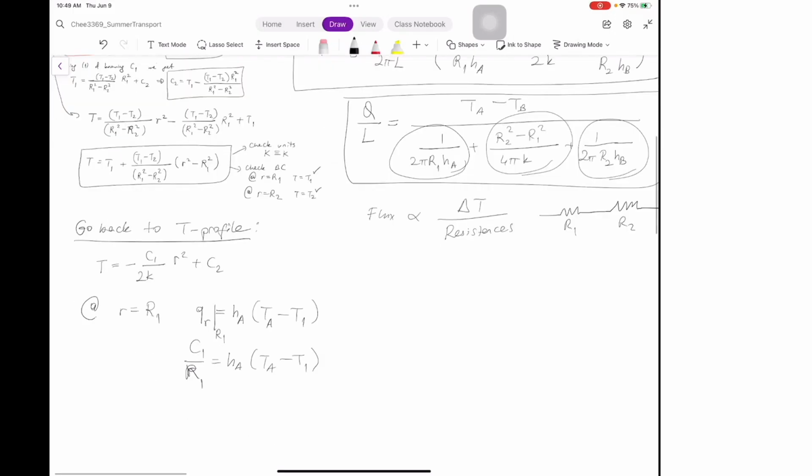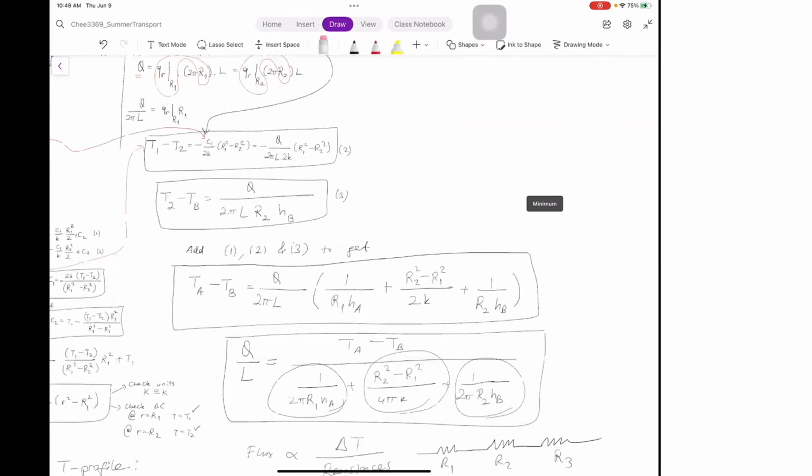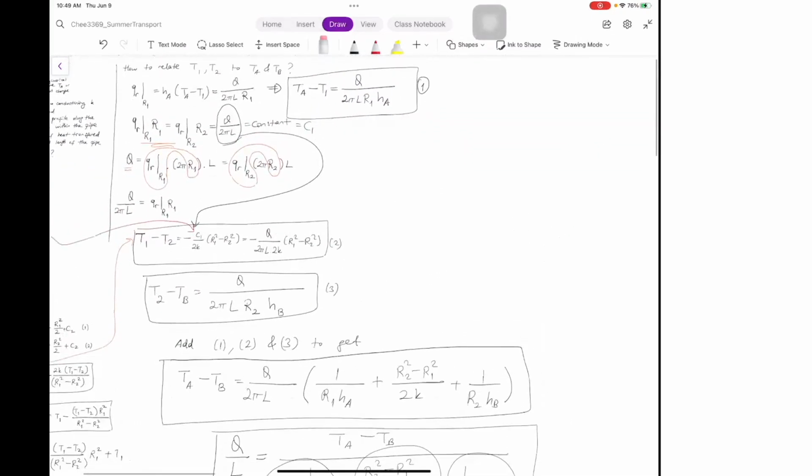I guess it's okay. So let's do it this way. So let's get rid of this. If you add 2 and 3, I think by that way we can get T minus T1 first. If we add the second and third equation, we will get T1 in terms of TB.